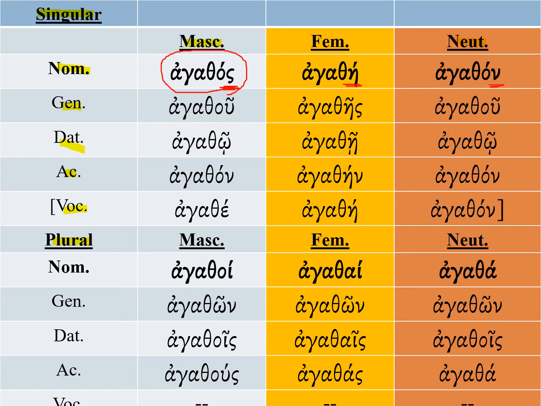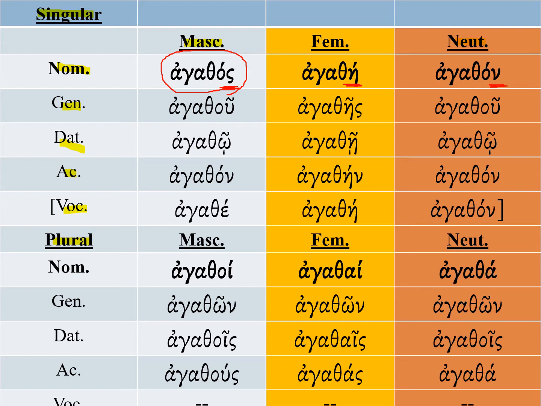However, the adjectives can take any one of the three genders based on the words that they are connected to. So agathos, or good, as an adjective can be in masculine, it is agathos, in feminine it is agathe, and in neuter it is agathon.